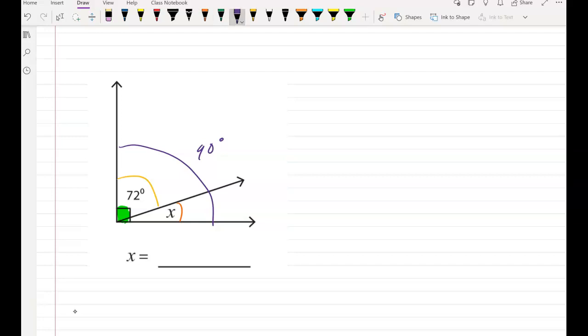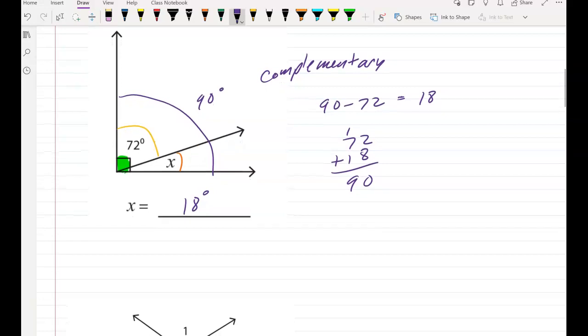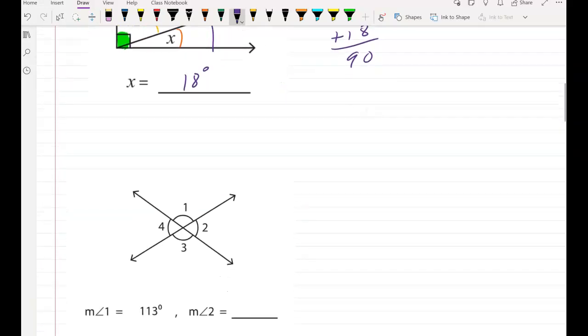So 90 minus 72 equals 18. So x has to be 18 degrees because 72 plus 18 equals 90. They are complementary angles. One is the complement of the other. 72 is the complement of 18.